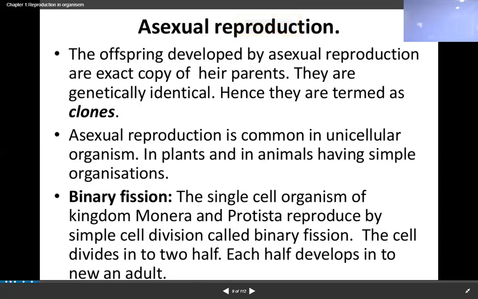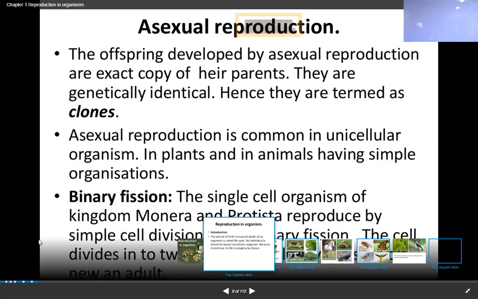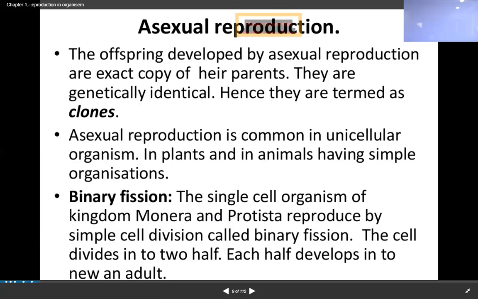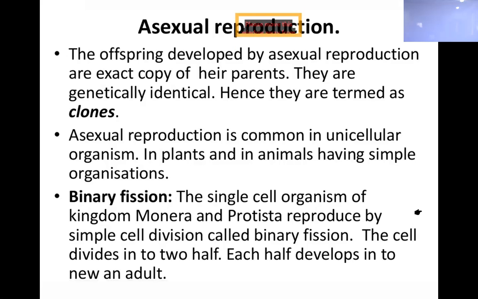Yes. Okay. Now, let's talk about asexual reproduction in animals first. Asexual mode of reproduction.